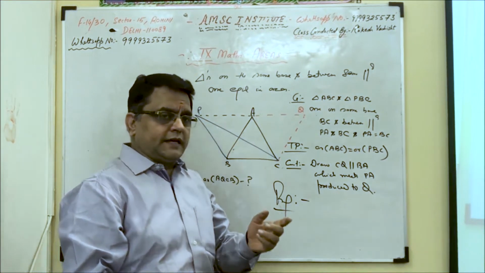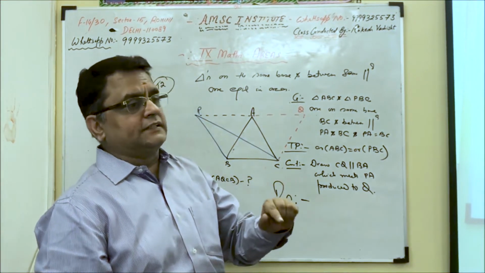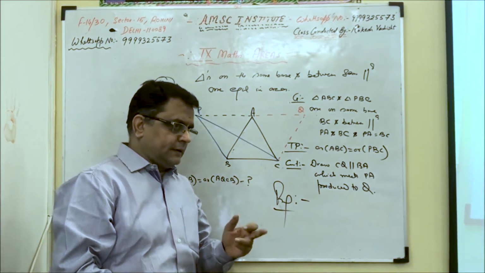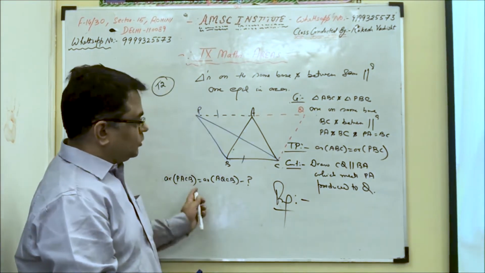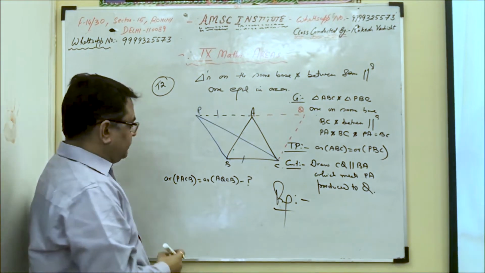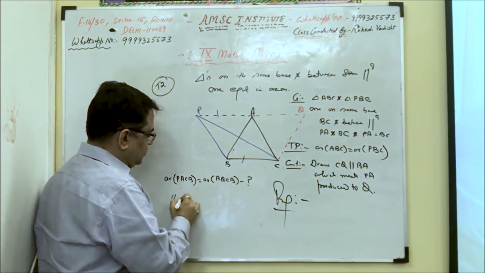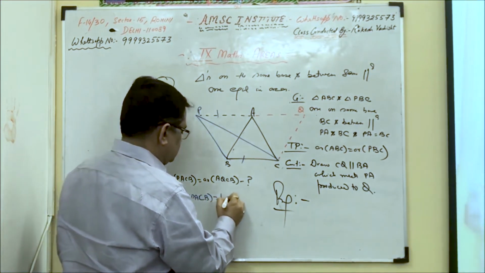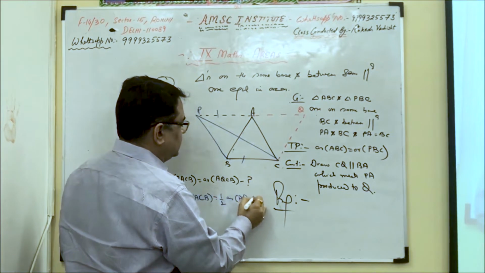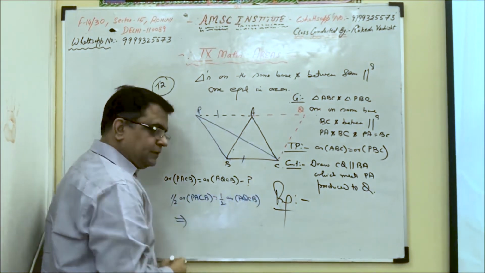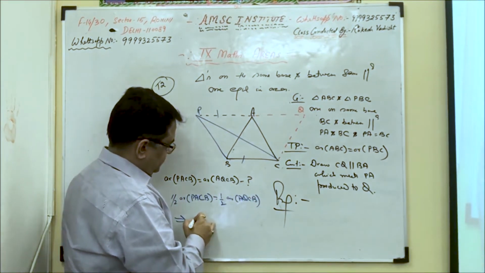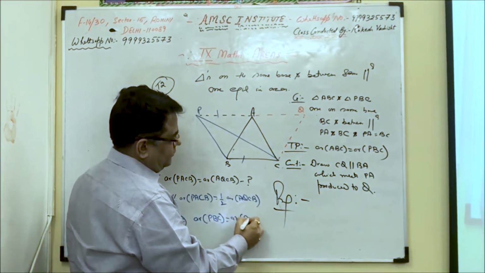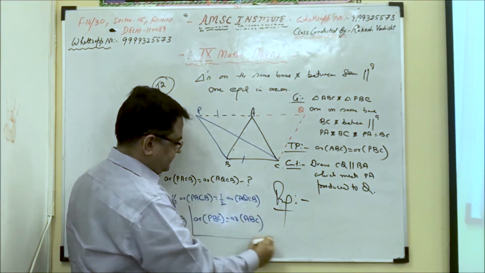हमने इस कंडीशन को यूज किया है कि जिसमें एक क्वाड्रिलेटरल की अपोजिट साइड्स पैरेलल भी होंगी और इक्वल भी होंगी, तो क्वाड्रिलेटरल क्या हो जाएगा? It becomes a parallelogram. अब दोनों के एरिया सेम है तो divide both the sides by 2. दोनों तरफ 2 से डिवाइड कर दो. So that gives me that the area of PBC is equal to area of ABC.